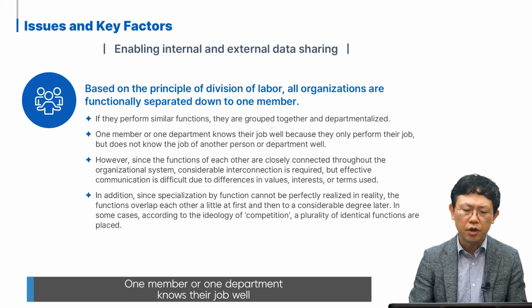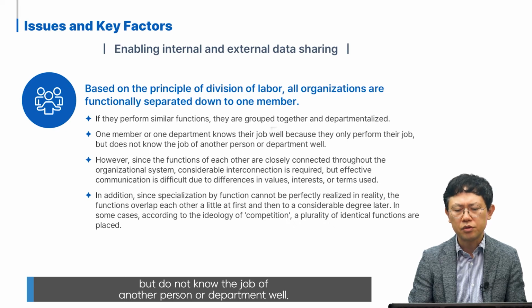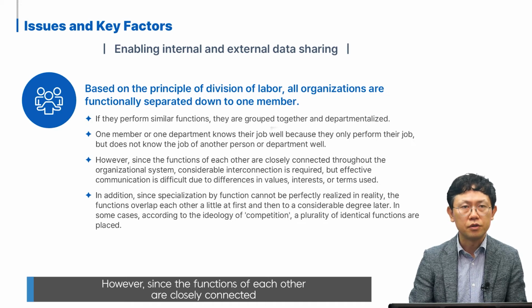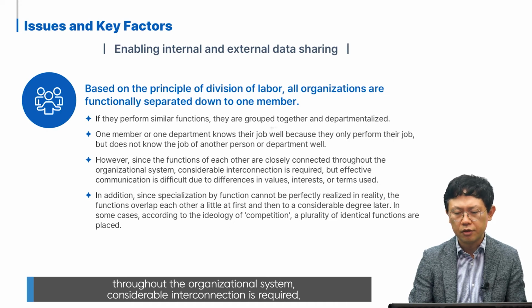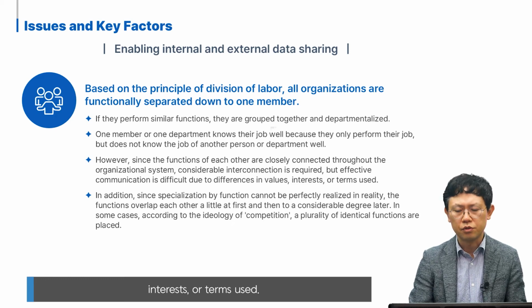One member or one department knows their job well because they only perform their job, but does not know the job of another person or department well. However, since the functions of each other are closely connected throughout the organizational system, considerable interconnection is required, but effective communication is difficult due to differences in values, interests, or terms used.